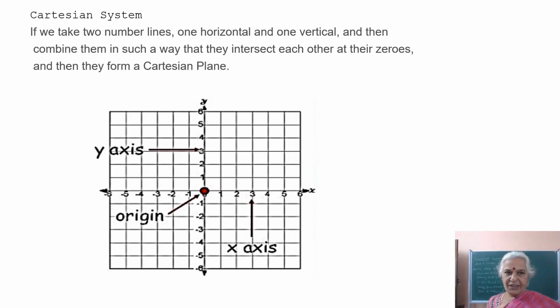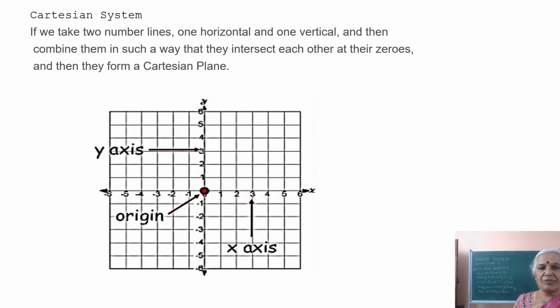Cartesian system. If we take two number lines, one horizontal and one vertical, and combine them in such a way that they intersect each other at their zeros, then they form a Cartesian plane.